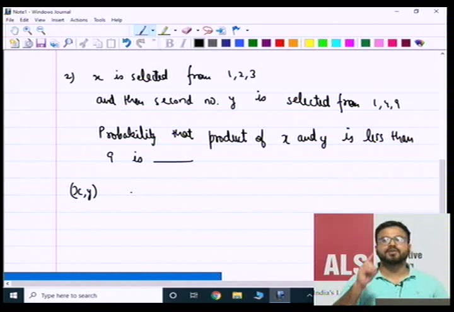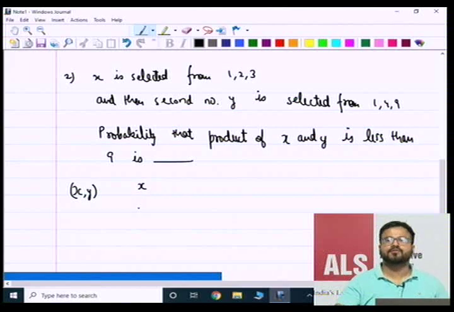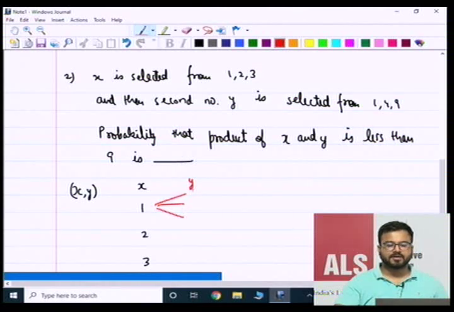For every possibility of x, there are 3 possibilities for y. If we draw the branching diagram which we did in the last class, the possibilities for x are 1, 2, 3. Now for each possibility of x, for 1, there are 3 possibilities for y. It can be 1, 4 or 9. Similarly, over here it can be 1, 4 or 9.